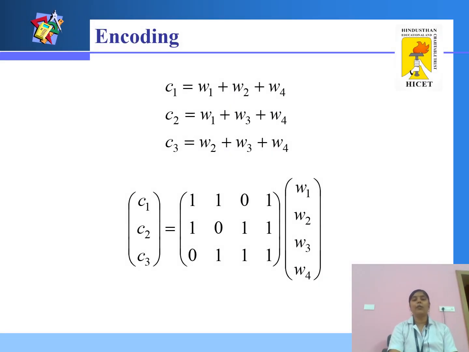Encoding: C1 equal to W1 plus W2 plus W4, C2 equal to W1 plus W3 plus W4, and C3 equal to W2 plus W3 plus W4. We convert this into matrix form. The column matrix C1, C2, C3 is equal to the matrix with rows 1, 1, 0, 1; 1, 0, 1, 1; and 0, 1, 1, 1, multiplied by the column matrix W1, W2, W3, W4.